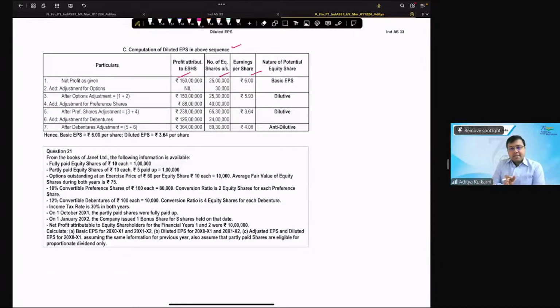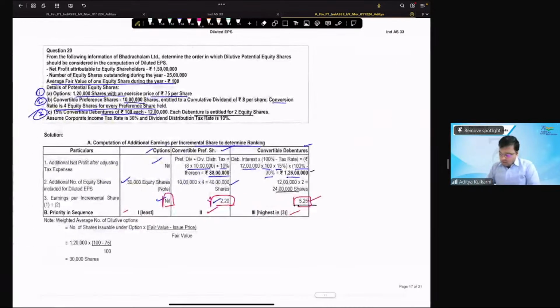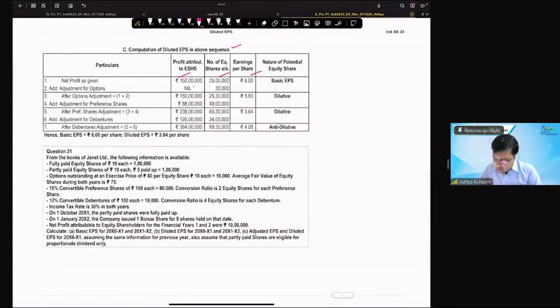Now we adjust it one by one. Which is the first ranking? Sir, first ranking is options. So I will first consider options. If I consider options, the additional net profit will be 0. But the additional number of equity shares that get added is 30,000. So that comes to 1.5 crore divided by 25 lakh 30,000.